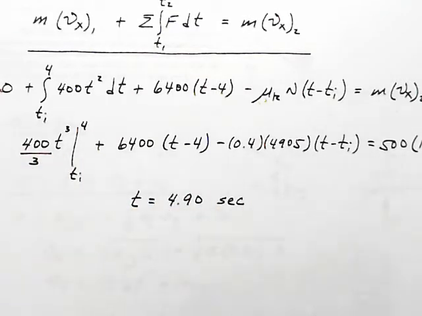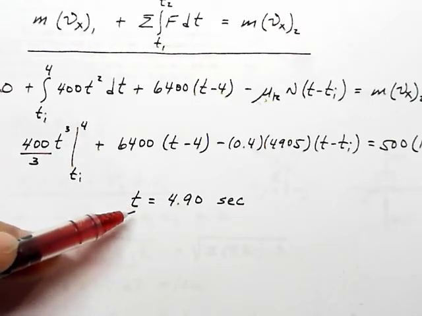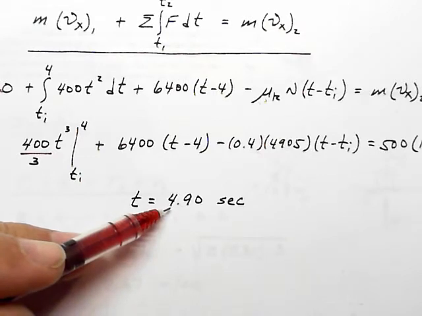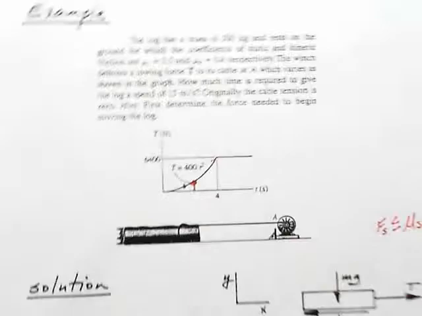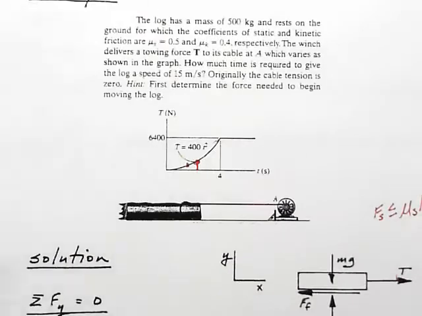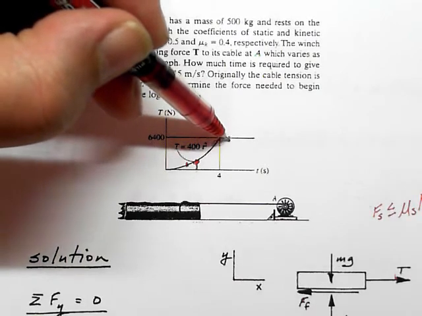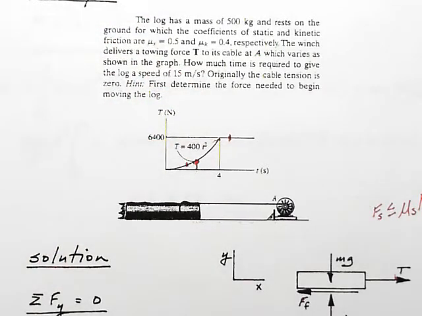If you look carefully, this is a one equation, one unknown problem in T, and we can solve for a value of T of 4.9 seconds. And so we just barely got into the flat spot of the motor tension curve, because at time equal 4, we're here. At time equal 4.9 seconds, we reached 15 meters per second of speed.